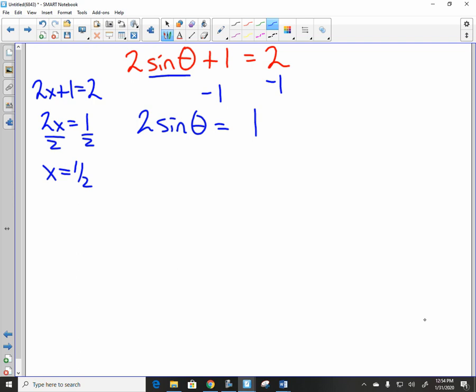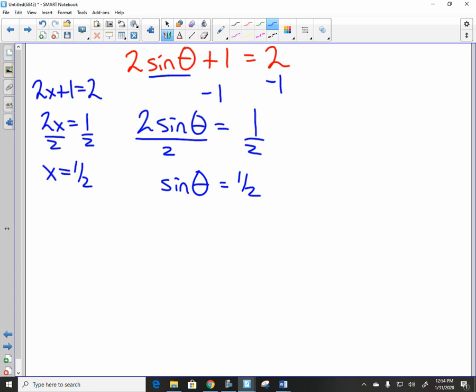Once we get that, we divide both sides by 2. And instead of x equals 1/2, we have sine of theta is equal to 1/2. So the basis for our answer today will be trying to figure out that.